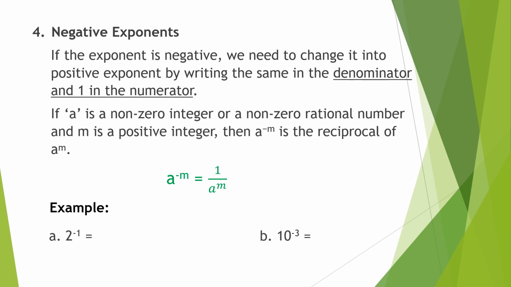Let's have some examples. Letter A, 2 raised to negative 1. So this will become 1 over 2. Letter B, 10 raised to negative 3. This is equal to 1 over 10 raised to 3.